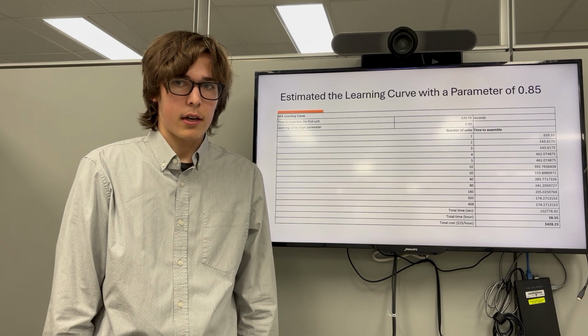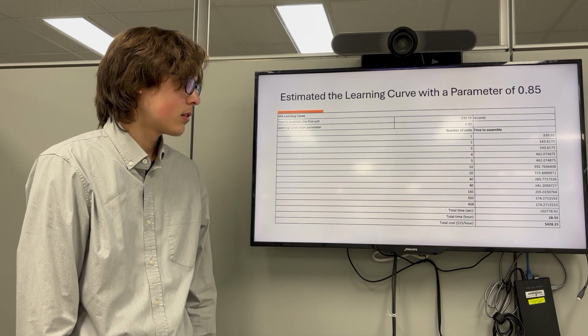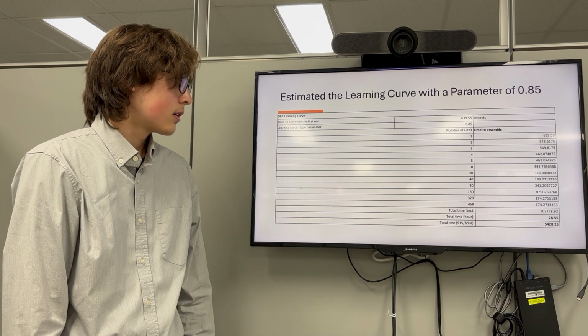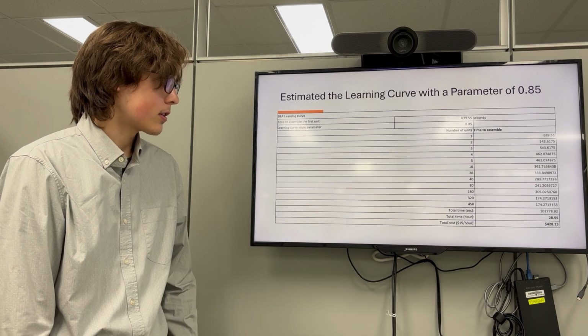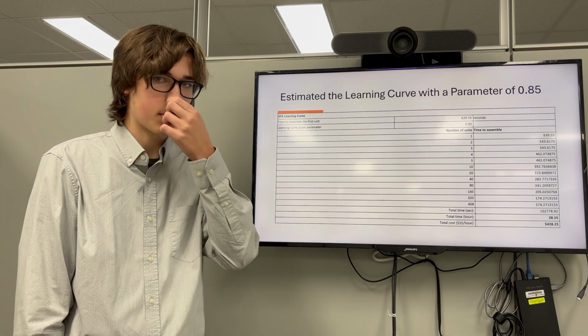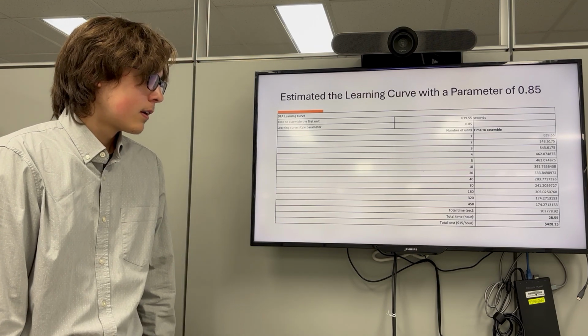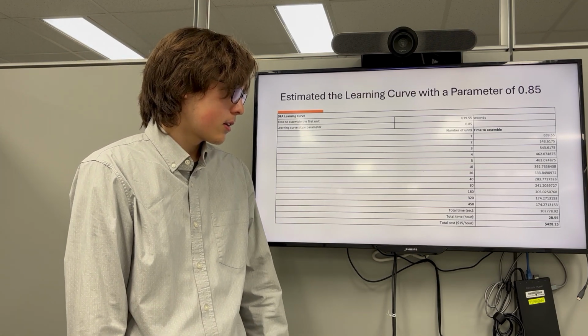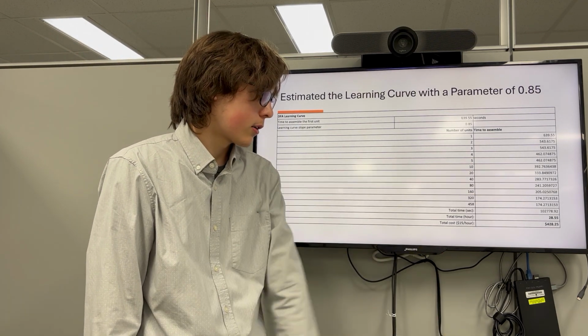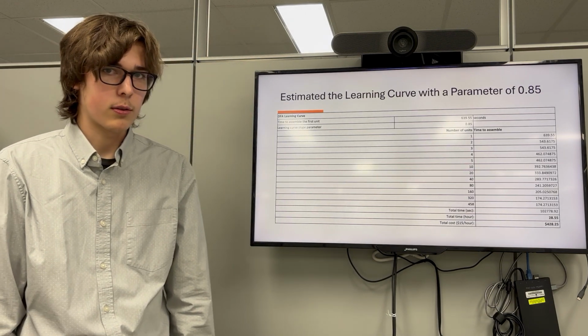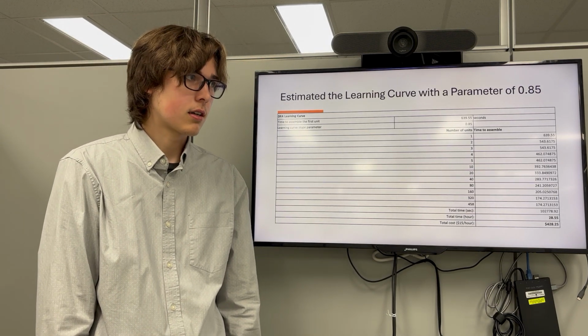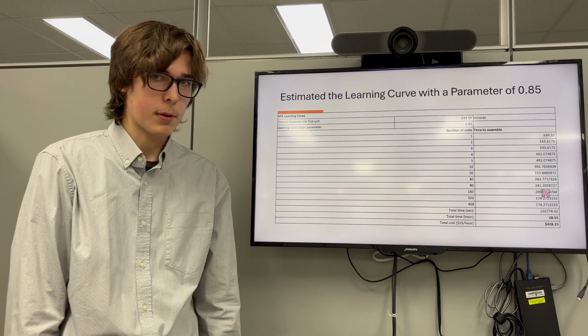With this, we estimated the learning curve, and the time to assemble the first unit was the same, and we estimated a parameter of 0.85. This in the limit goes to about 174 seconds, which is about 3 minutes and 15 seconds. Or, no, it's about 3 minutes.